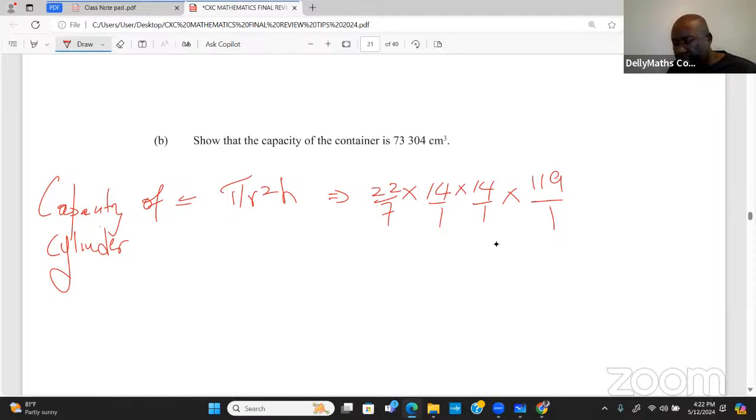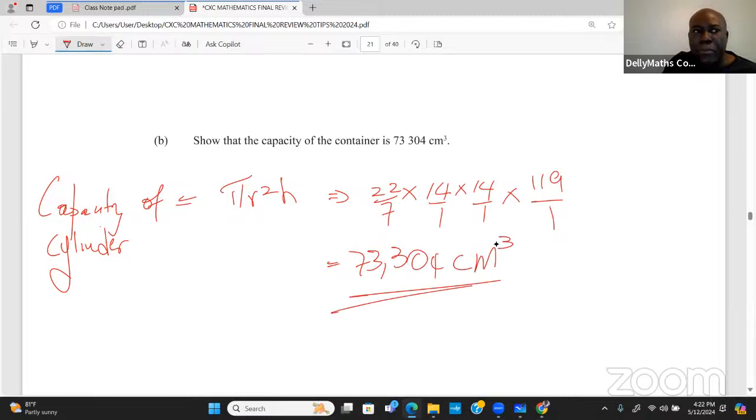I believe if we put these calculations together, we should get what they want. So it's going to be 22 times 14 times 14 times 119. Divide this by 7, and we're getting the answer to be 73,304 cm³.